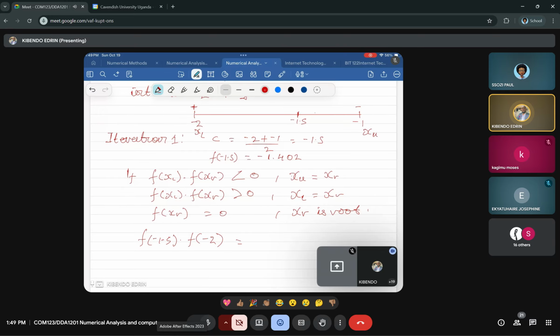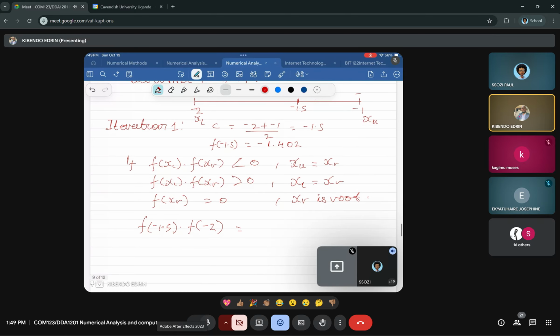If I get an answer that is less than, what is the answer actually? This will be a positive. So if it's a positive, we are replacing this. We are getting rid of the negative 2. Now the interval is going to be negative 1.5 and negative 1.